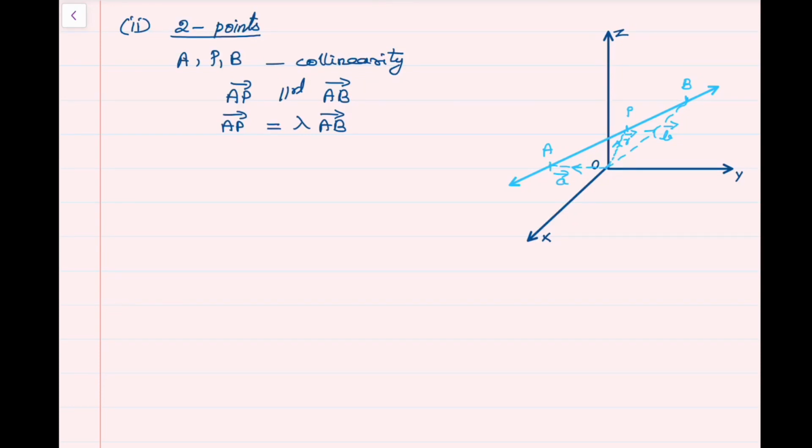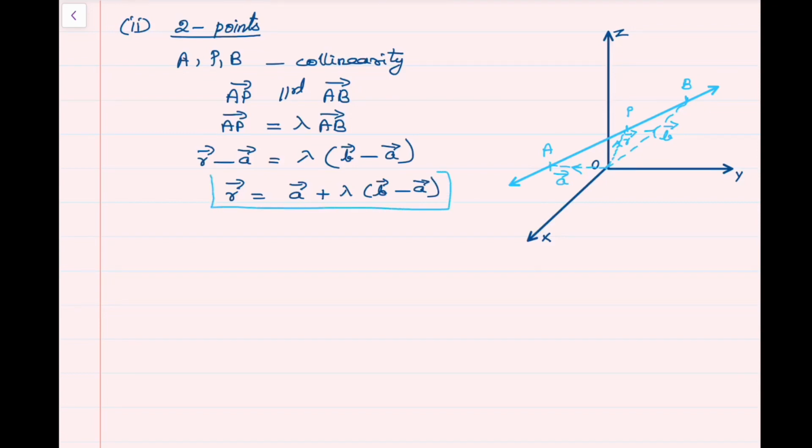Vector AP is the position vector of the terminal point minus the position vector of the initial point, which is equal to lambda times vector AB, which is the position vector of the terminal point minus the position vector of the initial point. Therefore, vector R is equal to vector A plus lambda times (vector B minus vector A). This is the vector equation of a straight line passing through two given points. Here lambda can take any real value.